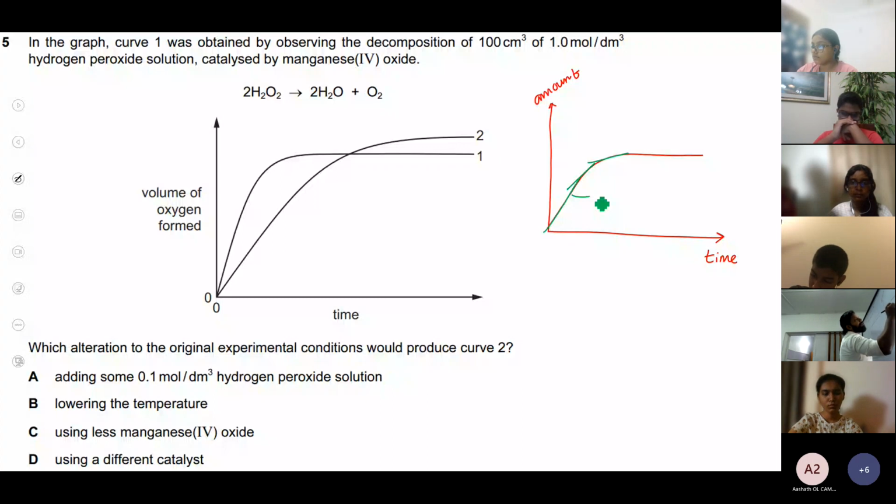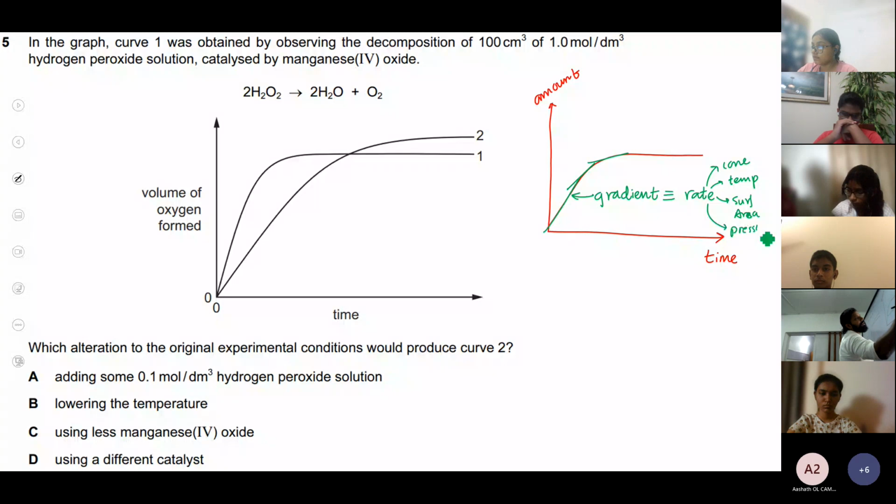Gradient represents rate. And rate is connected to concentration, temperature, surface area, pressure, catalyst. So any of these factors can change the gradient.